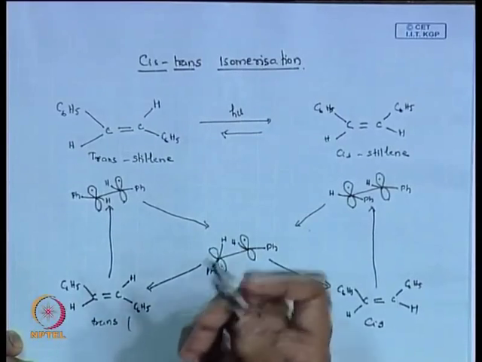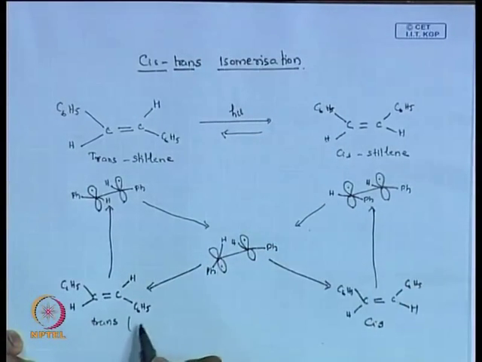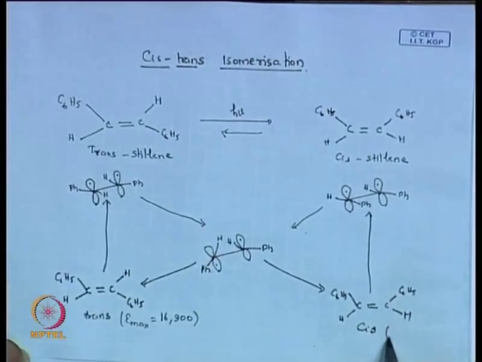That means basically the molar absorption coefficient, that is your epsilon, which is very important. That tells you how much a molecule can absorb, which you have studied in your UV, right. Your epsilon max for trans is around 16,300. But the epsilon max of cis is around 2,880.